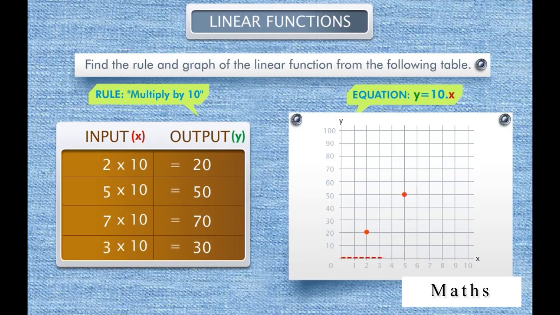For x equals 7, y equals 70. For x equals 3, y equals 30. Now, join these points to get the linear graph. Here, we get the line for the function y equals 10x.